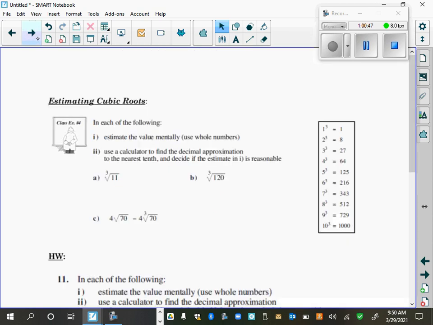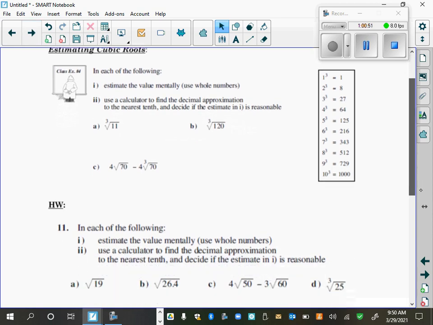Same thing for the cubes. These are called perfect cubes, and you're going to do the same thing. Now, cubes are a little less familiar to us.